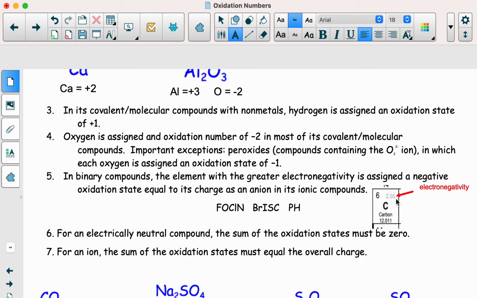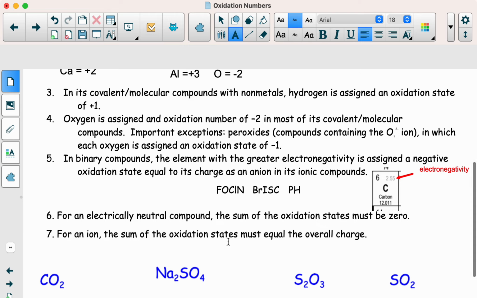For now, we just need to be able to look up this number in order to decide which element has the greater electronegativity. Electronegativity is like selfishness. Basically, the greater the electronegativity, the greater the chances that an element gets to sort of have things the way it wants. You can continue to look these up on an as-needed basis, or there's a set of magic words to help you with the order of electronegativity for the most commonly used nonmetal elements.